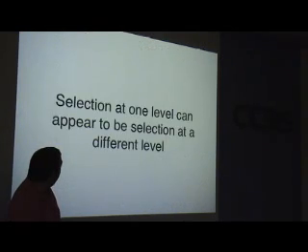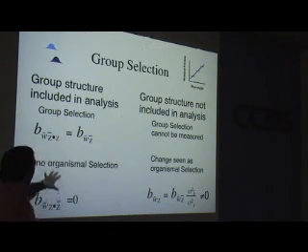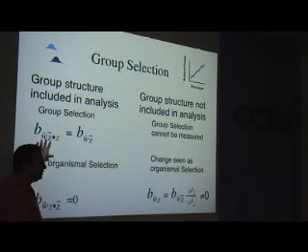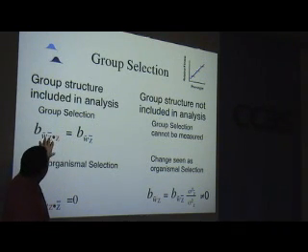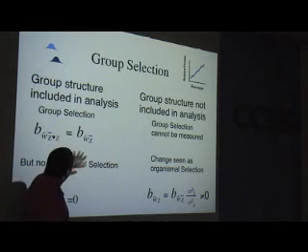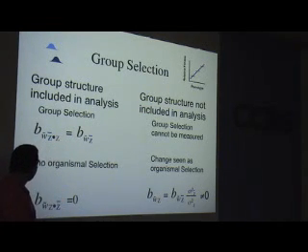This also shows the importance of why we have to look at the gradient, why we have to look at partial regressions. Because in this case, if we look at group selection, the partial regression shows group selection acting and no organismal selection.